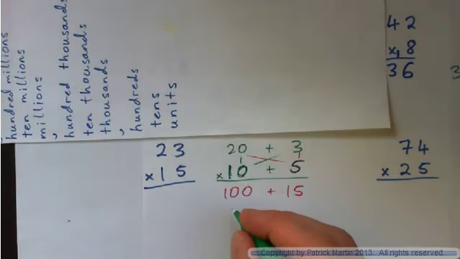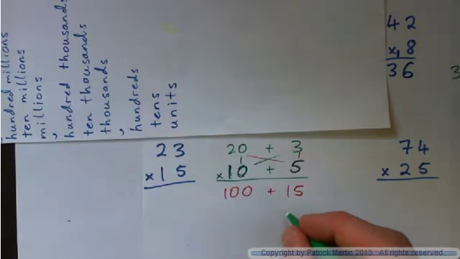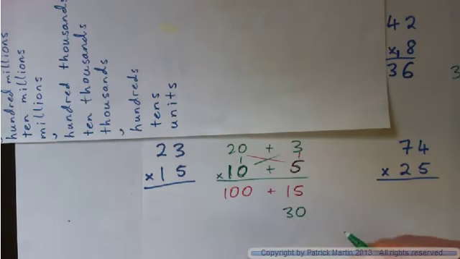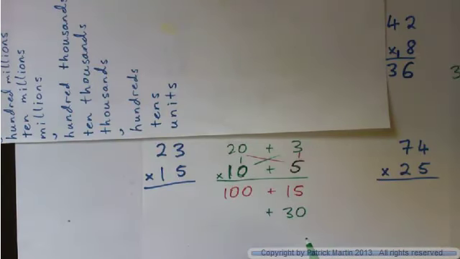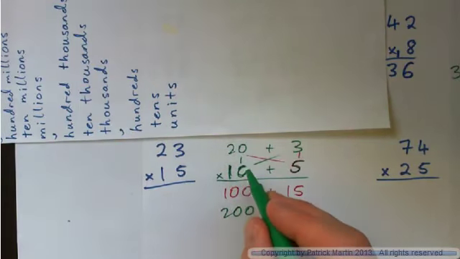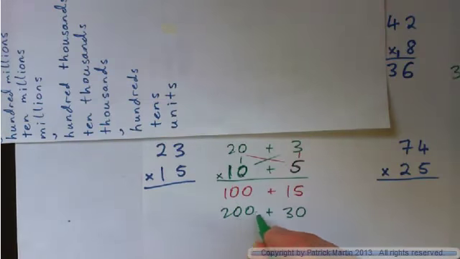Ten times 3 would be 30, I guess you could put it here. And 10 times 20 is 10 20s, 200, right? 1 times 2 is 2, and then you've got 2 zeros in the multiplication, so you've got 2 zeros in the answer, right?